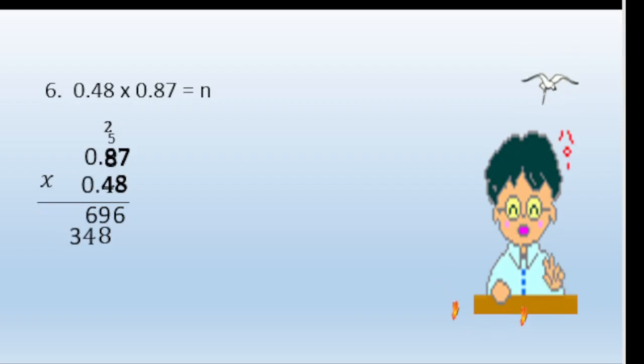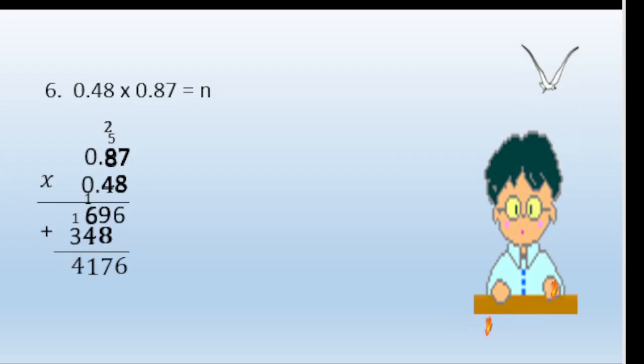Then add. Bring down 6. Then 9 plus 8 is 17. Carry 1. Plus 6 is 7. Plus 4 is 11. Carry 1. Plus 3 is 4. Now, how many decimal places? There are 4. So, put the decimal point before 4. So, your answer is 4,176.